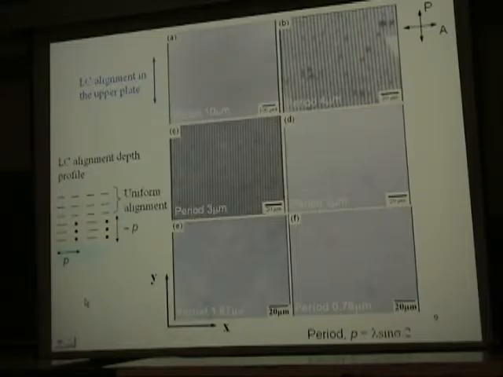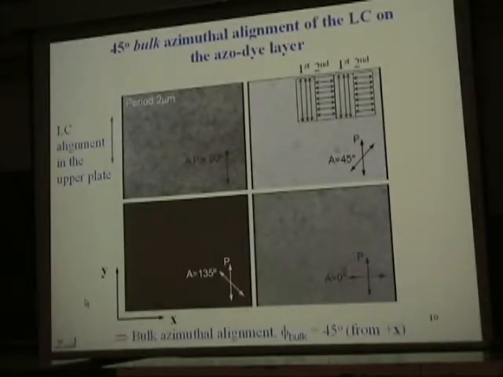To confirm such uniform azimuthal bulk alignment of the liquid crystal, we examine the cell under linearly polarized light with polarization along the y direction, and then we rotate the analyzer. For this particular cell that we examine, we find that the cell looks the darkest when the analyzer is rotated to 135 degrees.